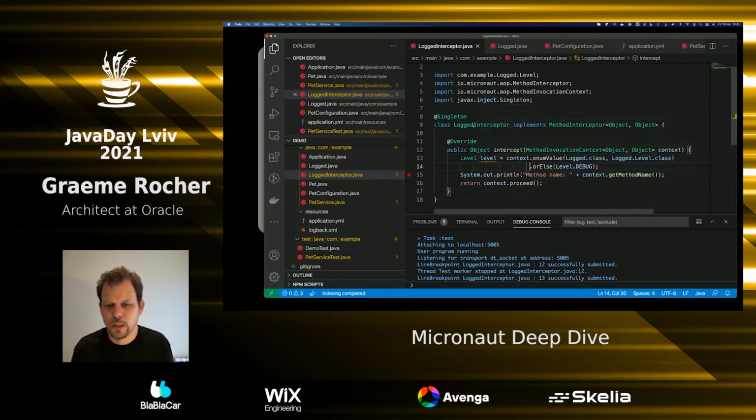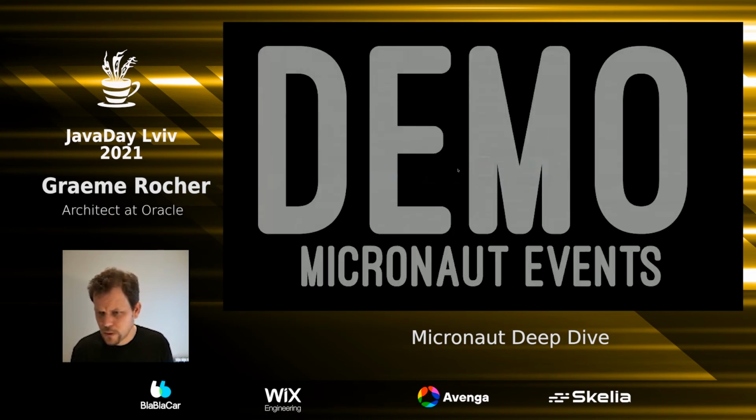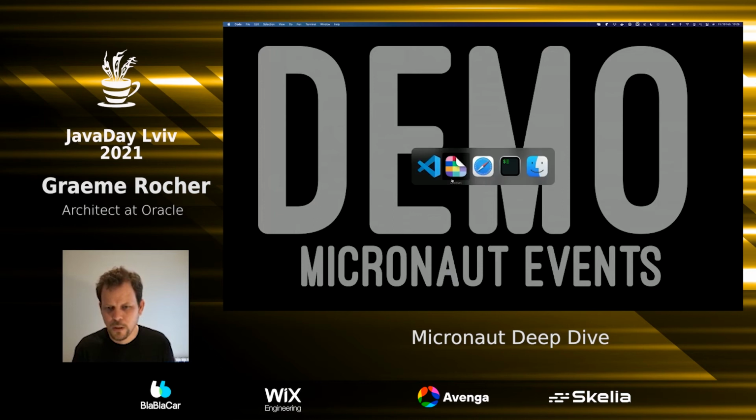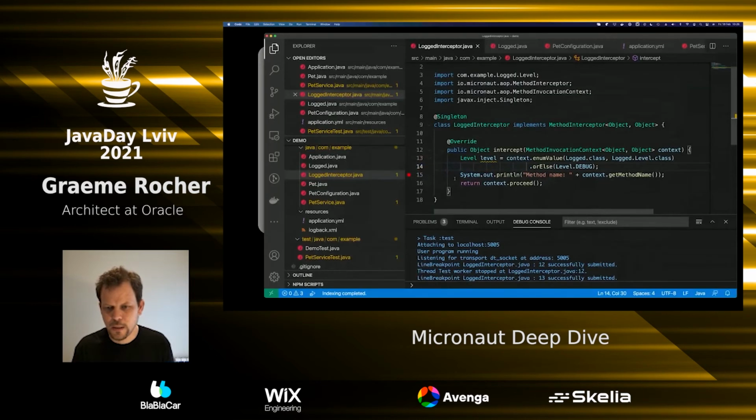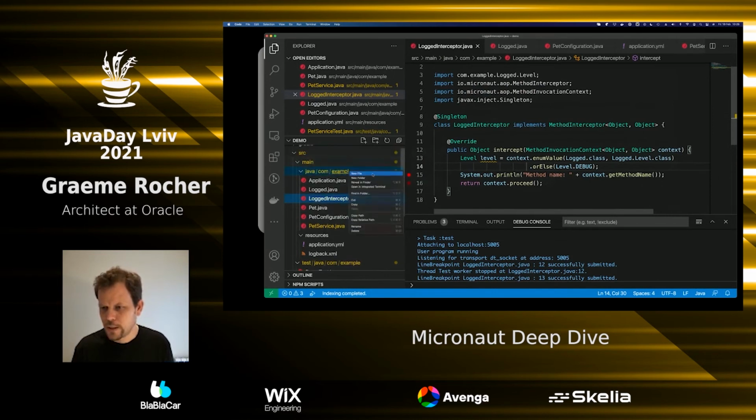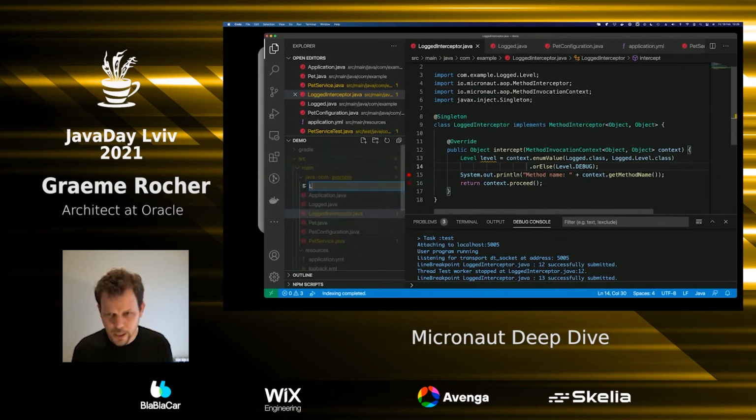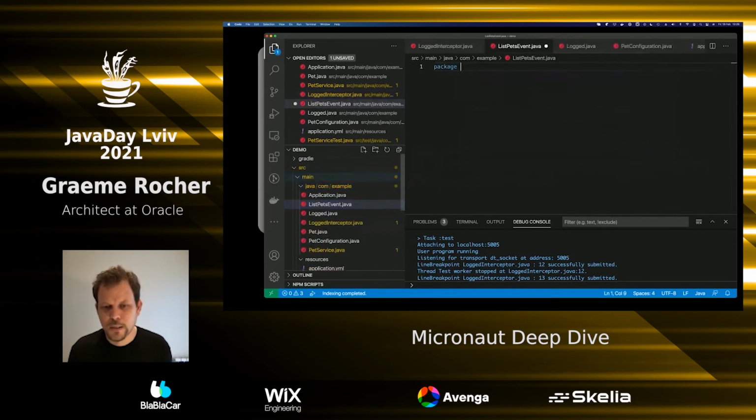So logged, and the enum type, which is going to be level, debug, etc. And maybe you can alter how you output that based on the annotation metadata available to you from the invocation context. The invocation context provides you with all sorts of annotation metadata.